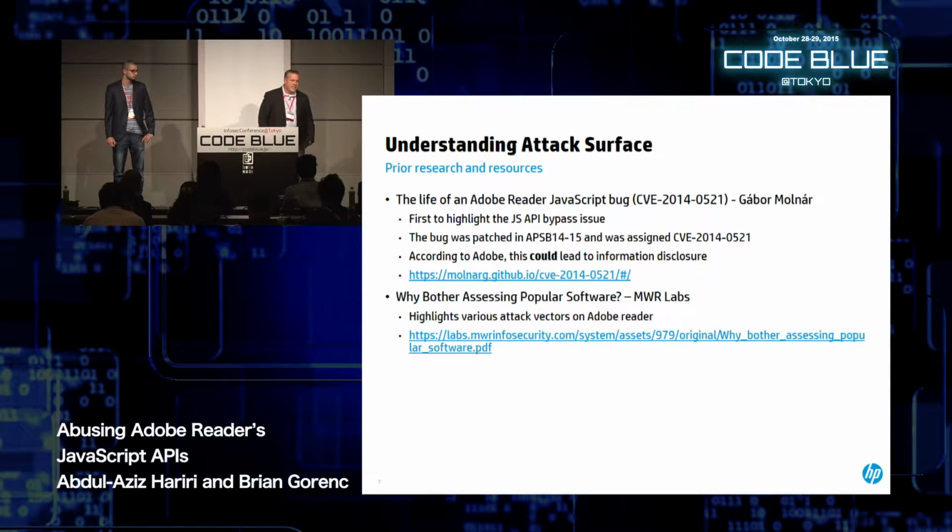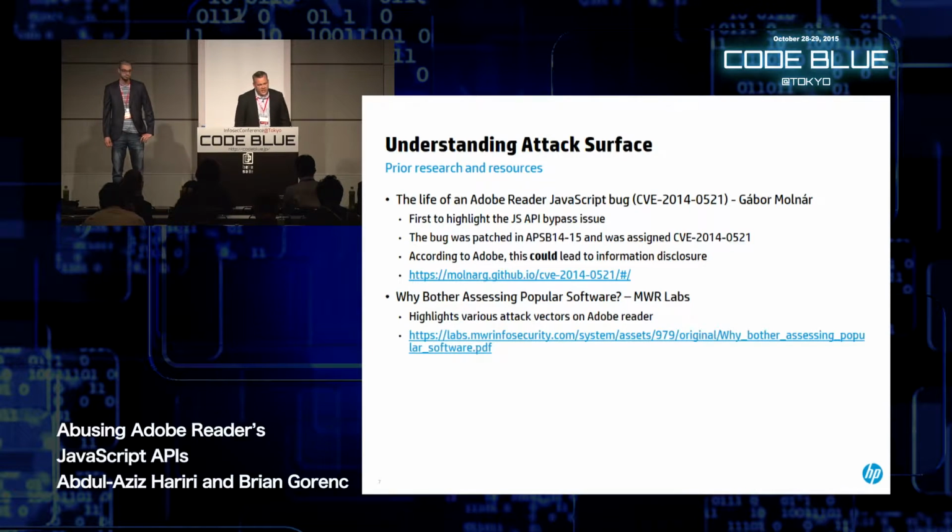When Molnar did his presentation, he highlighted how it worked and provided a proof of concept which would disclose information from the attacked computer. You can see the GitHub link there, if you want to get an idea of that type of research.